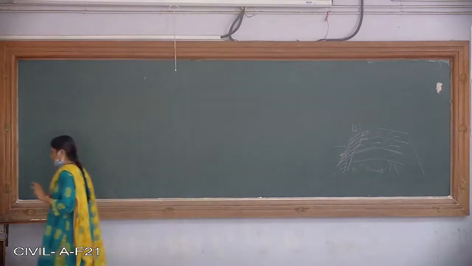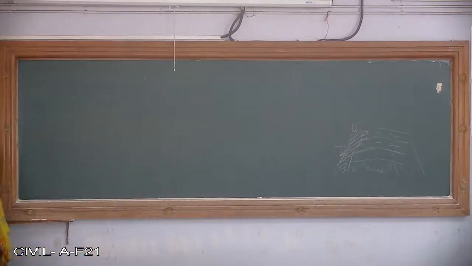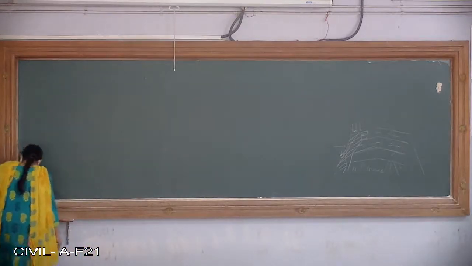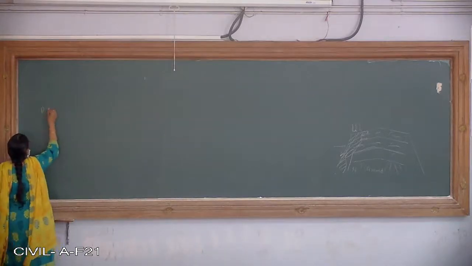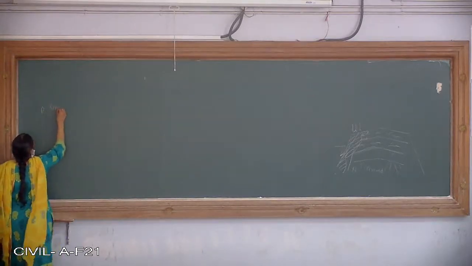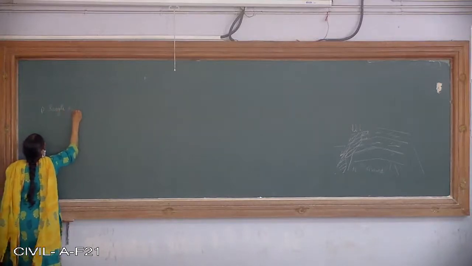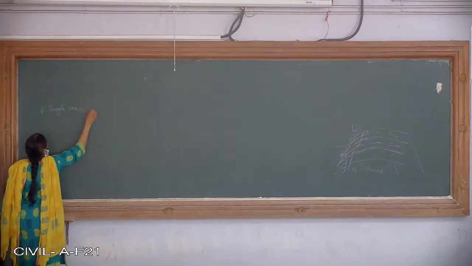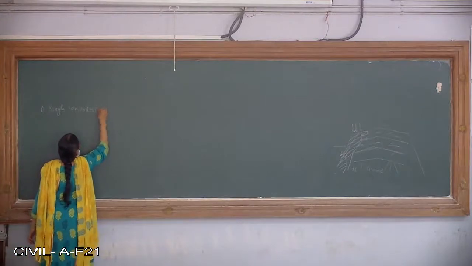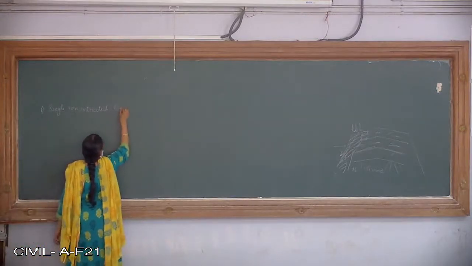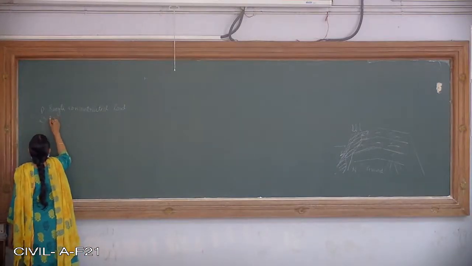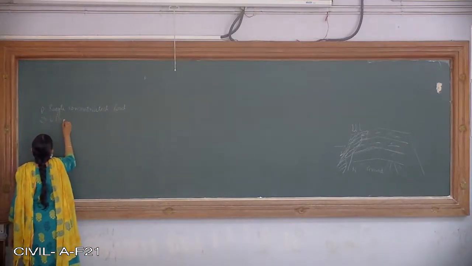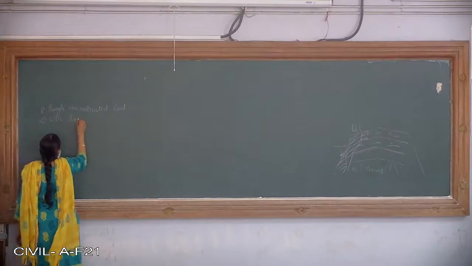So basically we are having four types for your study. Okay, so the four types I will be discussing in detail. One is single concentrated load. Secondly, we will be discussing uniformly distributed load longer than span.